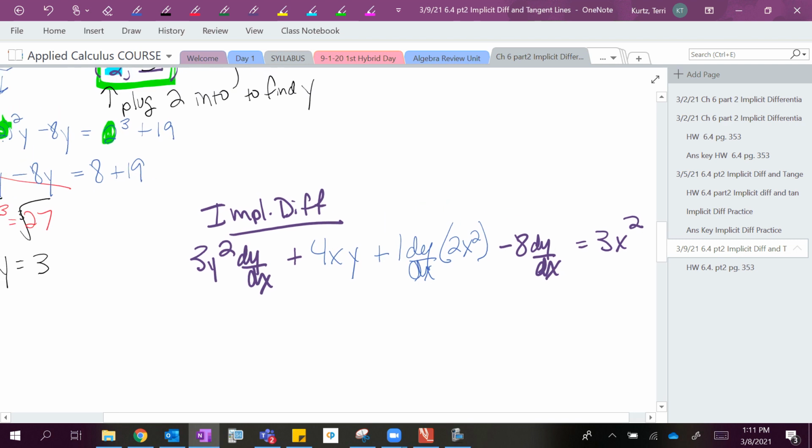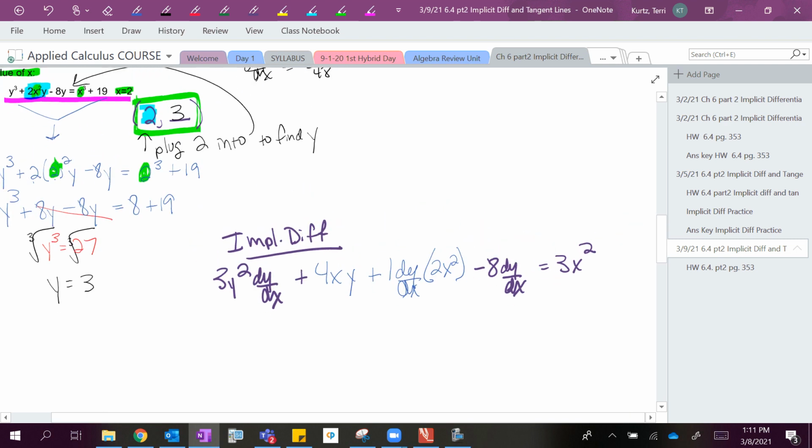Okay, so again, this is the implicit differentiation of that original equation.